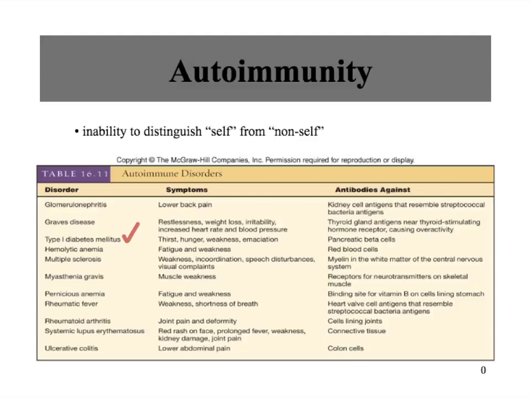There's some research to suggest that the beta cells in the pancreas that stop producing insulin are attacked by our own tissues. Lupus, ulcerative colitis, RA, rheumatoid arthritis, another one that is fairly common. Those are cells lining the joints. A number of different disorders where the body's lost the ability to make that correct identification.